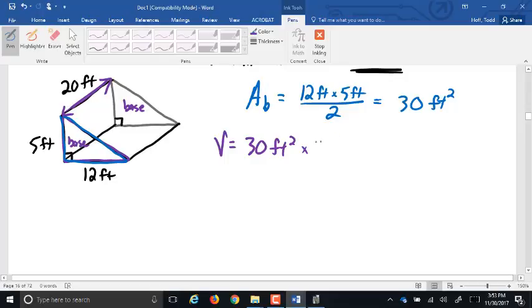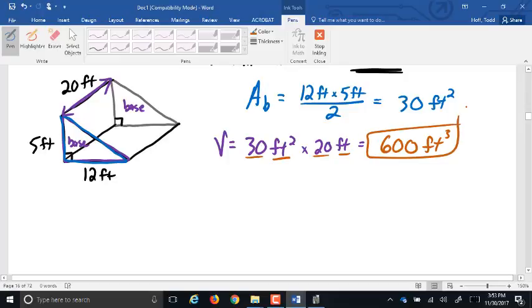So that's going to be the 20 feet. So we have 30 times 20 is 600. Feet squared times feet is feet cubed. So the volume is 600 feet cubed. Any questions so far?